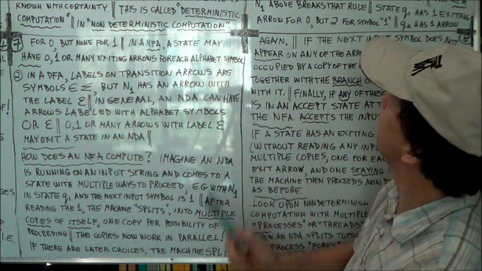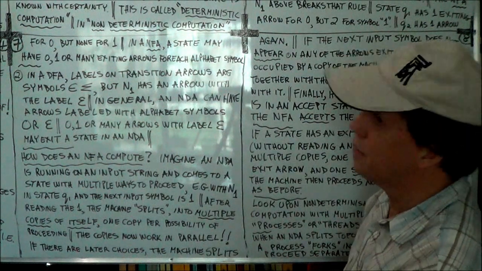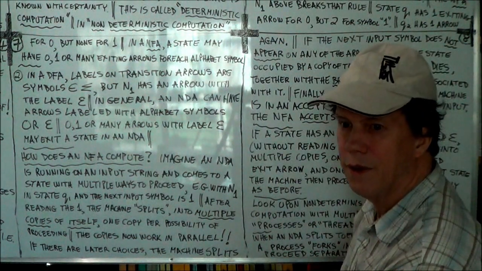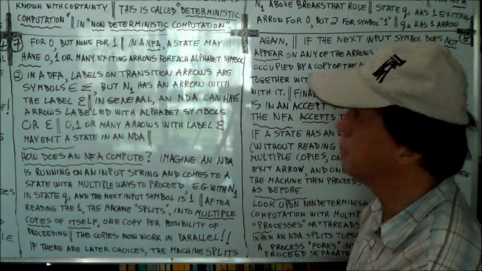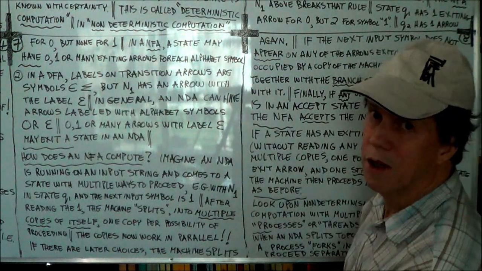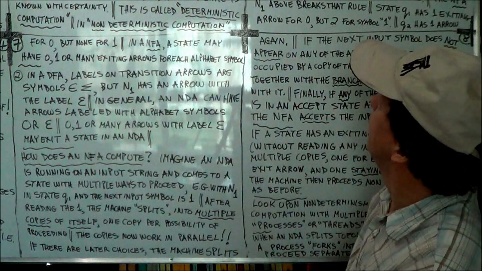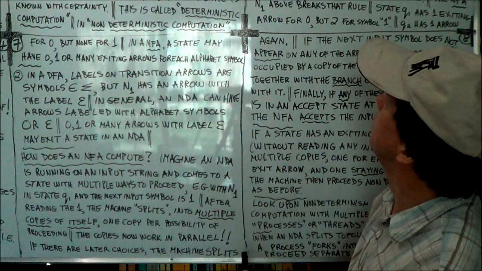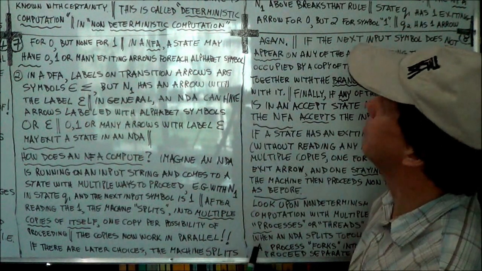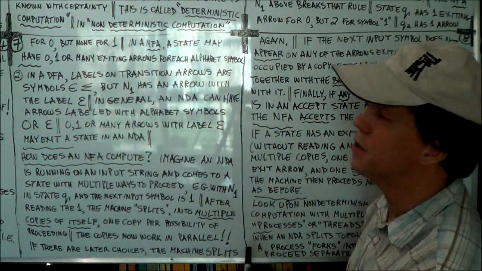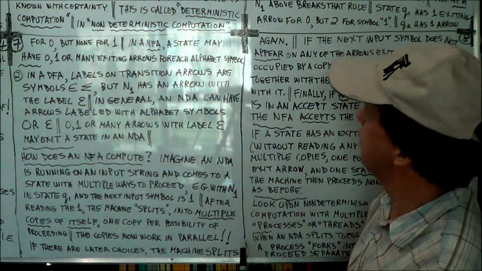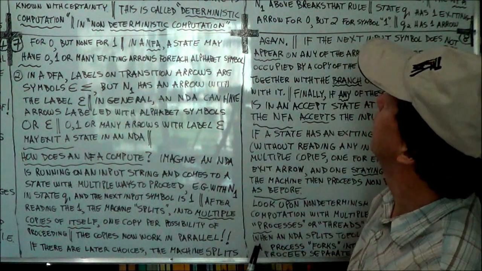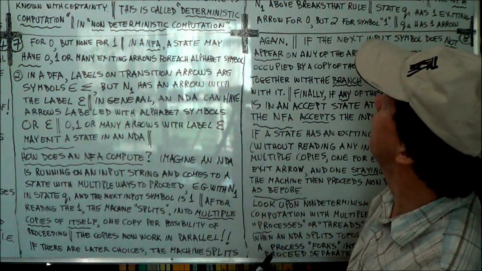Well, you can't see it, but imagine you're an NFA, a non-deterministic finite automaton. Your current state is Q1, and you look at this state transition diagram, and you see that when the input is 1, you have two options.